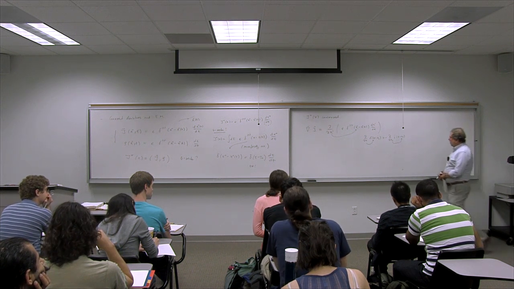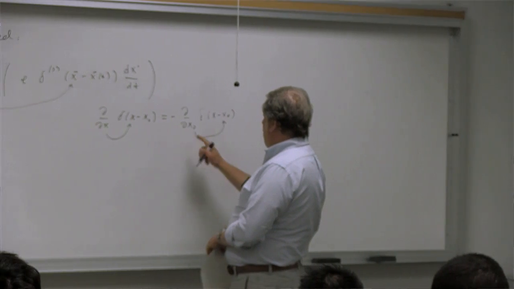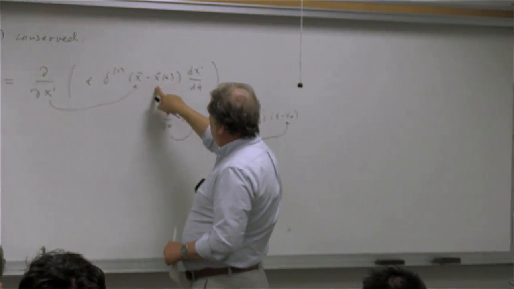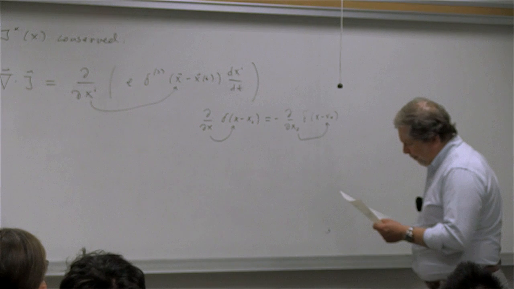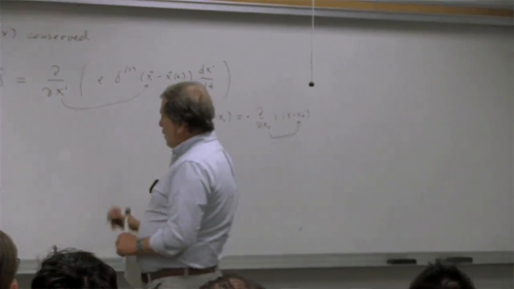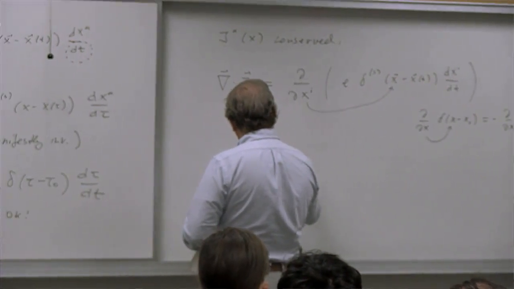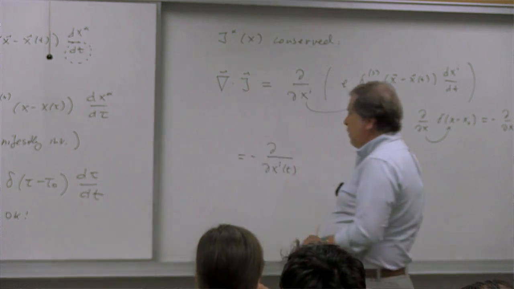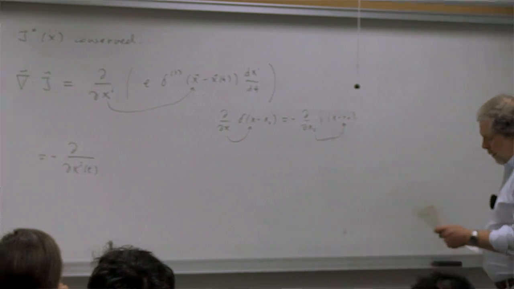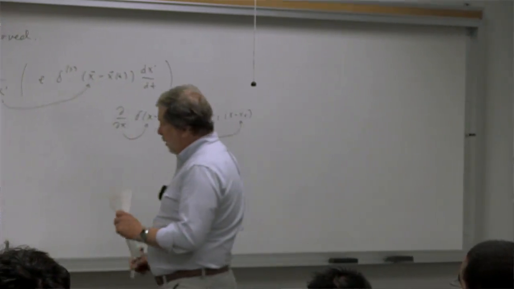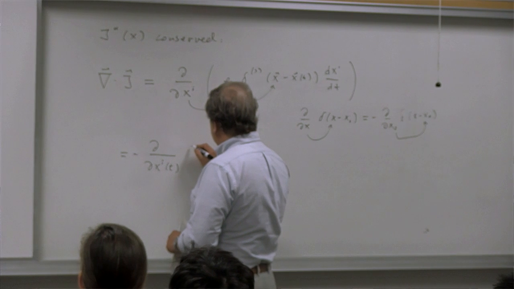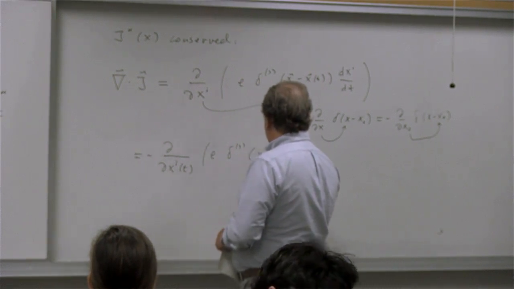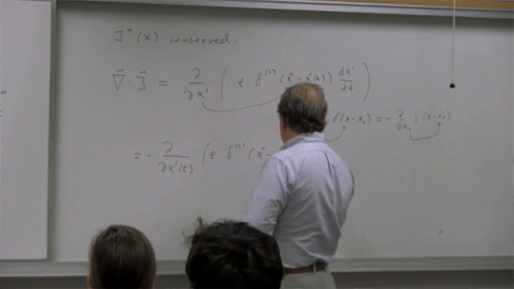So you can transfer the derivative on one or the other thing. So we can rewrite this as minus d by dxi of t, so we make that explicit by writing an xi of t, so we know what the derivative is with respect to, of e times delta 3 of x minus x of t, as before.